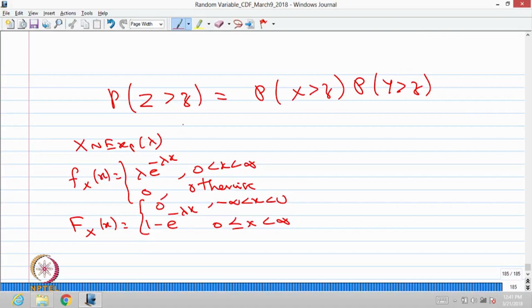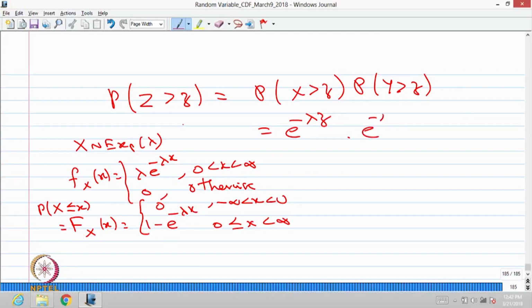I am going to use this result for the probability that X is greater than z. The CDF is the probability that X is less than or equal to small x, and what I want is the probability that X is greater than z. That is the same as e power minus lambda z. Similarly, Y is exponentially distributed with the parameter mu, and the similar derivation gives e power minus mu times z.